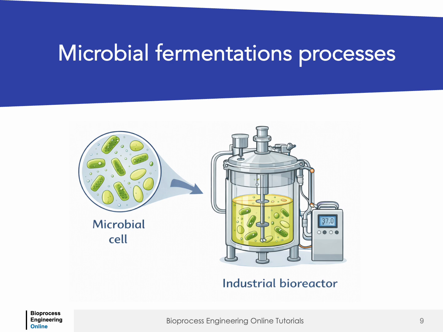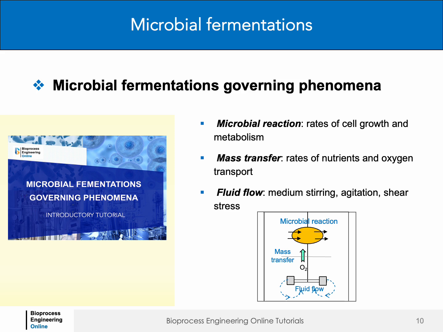The second section of the tutorial library focuses on microbial fermentation processes, including their modeling, scale-up, and optimal operation. In the tutorial Microbial Fermentations Governing Phenomena, you will learn that aerobic fermentation kinetics are governed by 3 key types of phenomena. First, microbial reactions, which describe how cells grow and convert substrates into products through their metabolism.